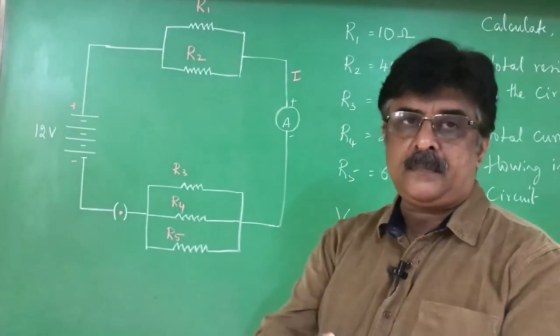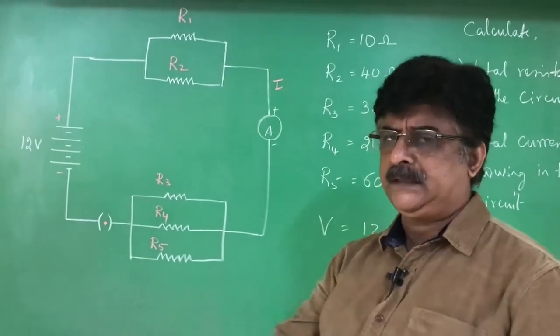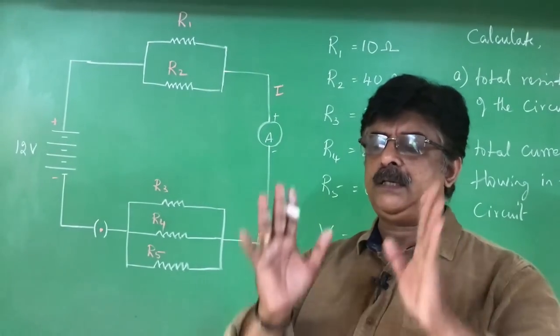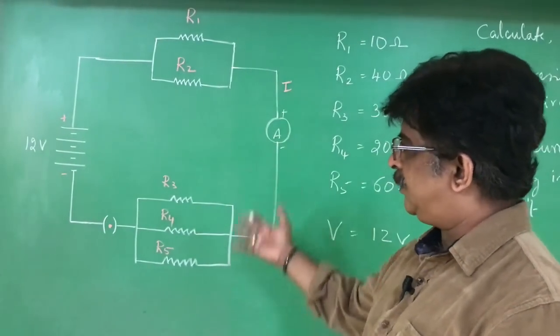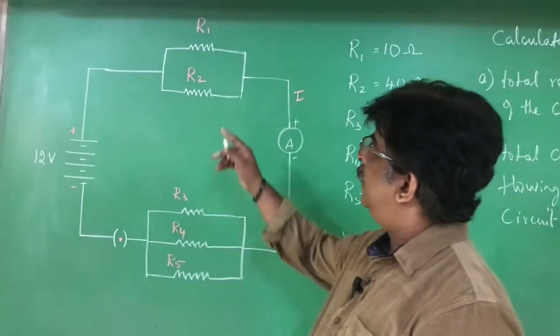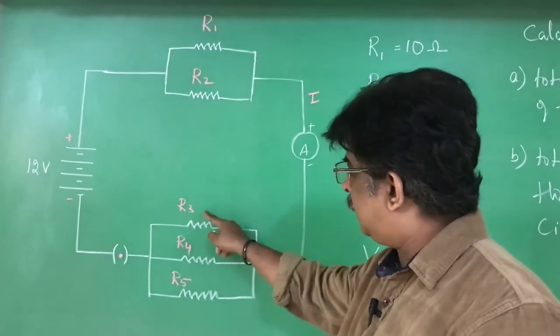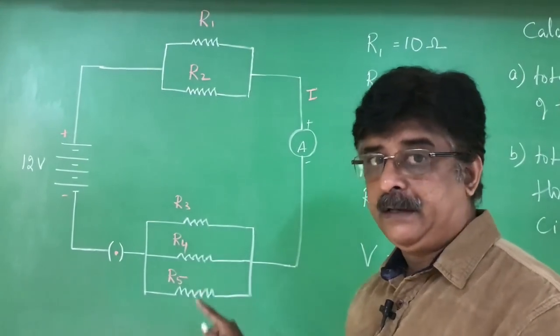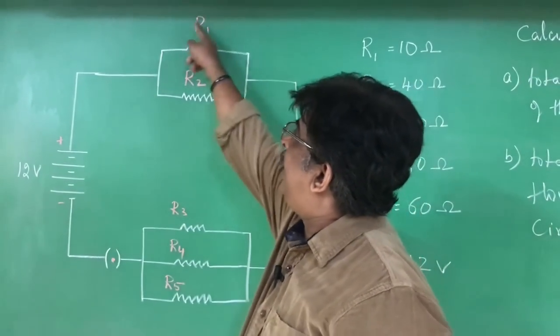This problem is a combination of resistors. 100% you get a problem on combination of resistors in the public examination. You have to see how nicely the circuit is made. Here, there are R1, R2, R3, R4, R5. 5 resistors are there. R1 and R2 are connected in parallel.